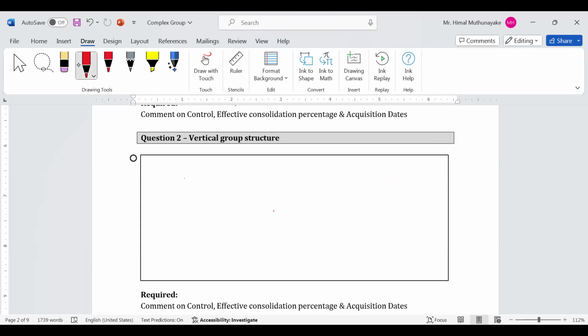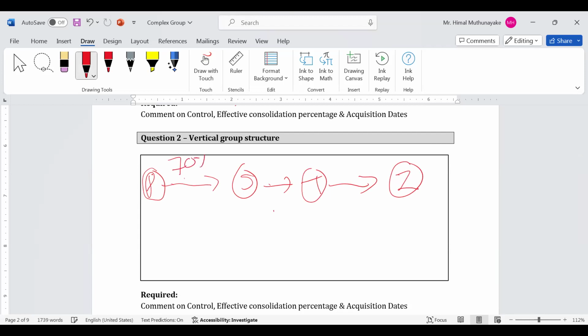Right. Let's say I'm having the company P, and S. I'm having the company T, and I'm having the company Z. There are four companies. In your level, we are not checking four companies, but when it comes to practical scenarios, this can happen, right? 70% is owned by the parent, P owns 70% of S, and 40% of T, and 20% of Z, right?